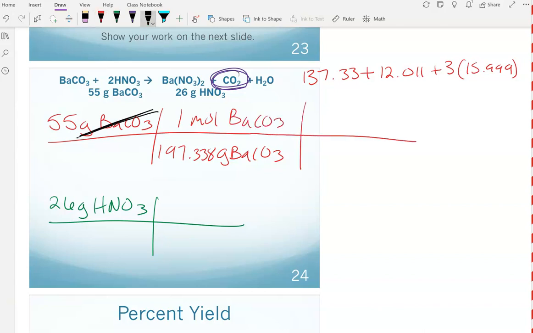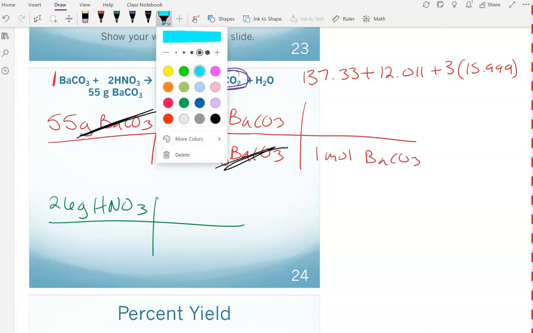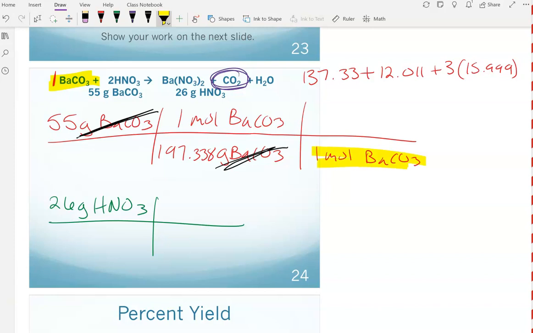So all I've done so far is convert grams into moles. And again, 1 mole goes up here because below that is molar mass. If you're ever calculating molar mass, that's always equal to 1 mole. Now that I have moles, now I can use the balanced equation. So there'd be a 1 here. So that'd be 1 mole of BaCO3 according to the balanced equation. And then I'm converting it into the product that I'm looking for, which is CO2.